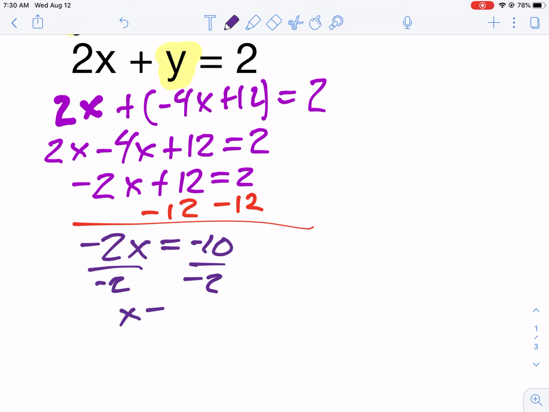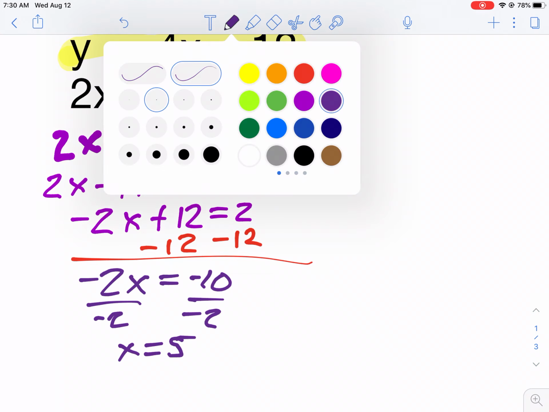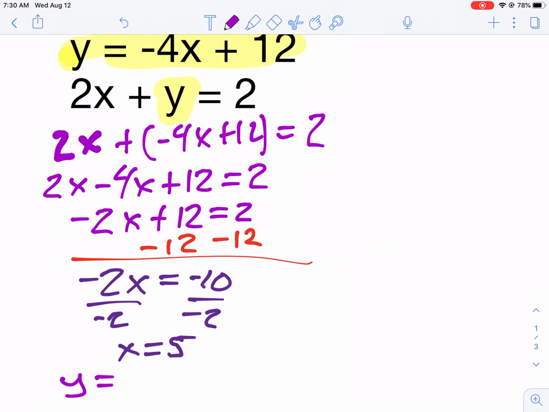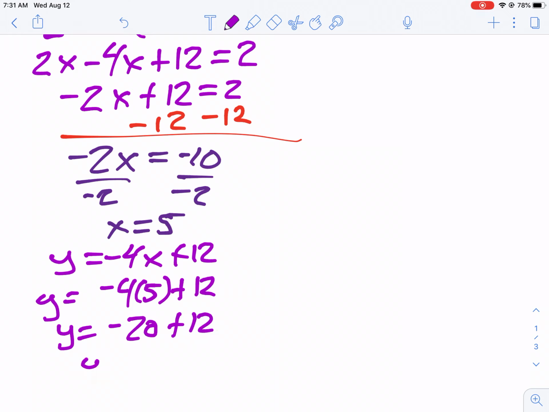And x equals 5. Now, how do we find y? Well, we're going to go back. Remember, we got y by itself. We already know that y equals negative 4x plus 12. So now, instead of writing x, we're going to substitute 5 in for x. So we get negative 20 plus 12, which is negative 8.